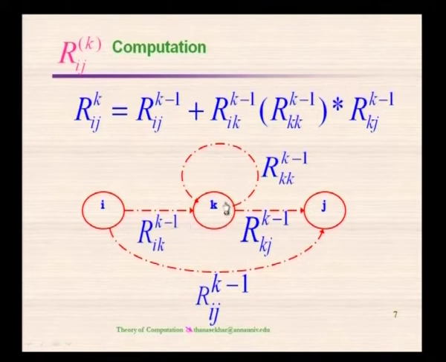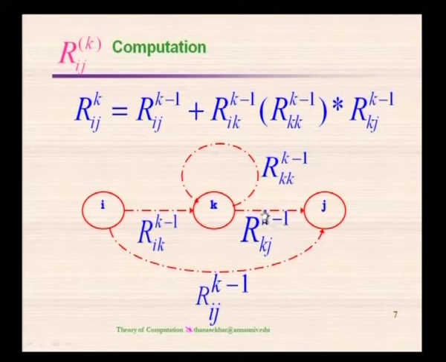The next is you start from k and you go up to j, because j is going to be the final state. Once again we are starting from k but not repeating k. If you do not repeat k, then k minus 1 is going to be the maximally numbered intermediate state.